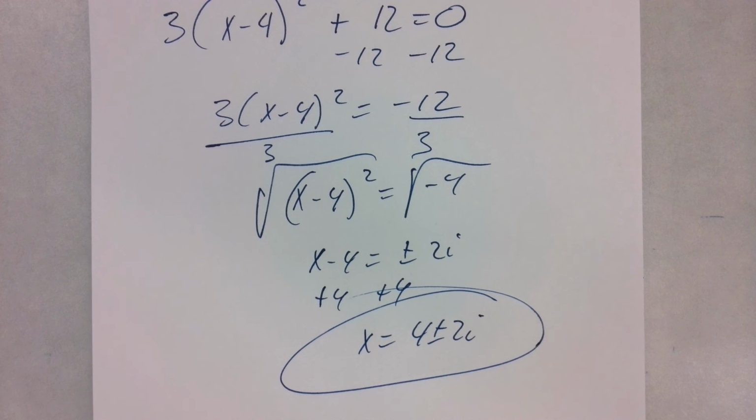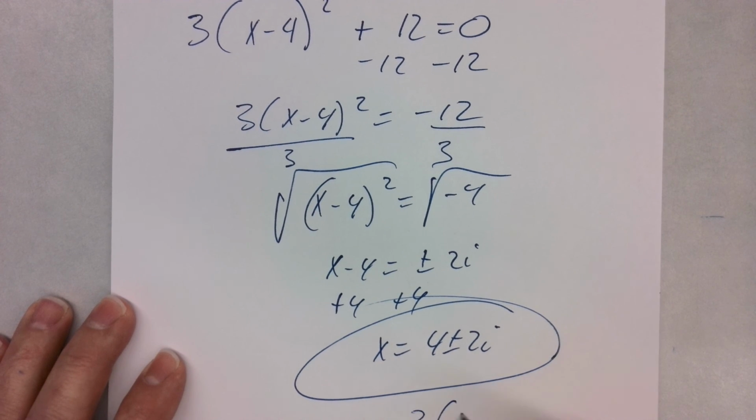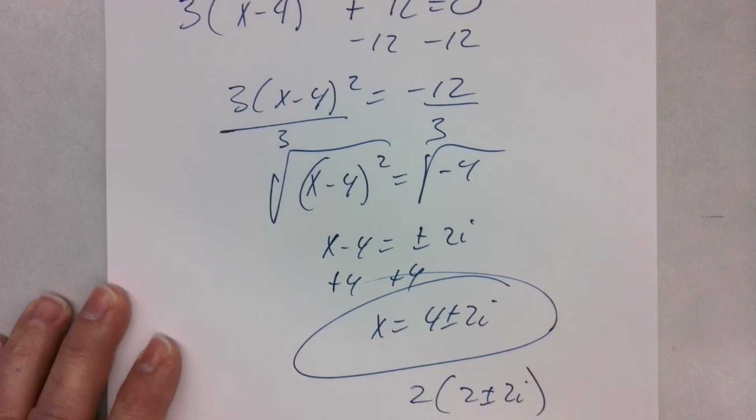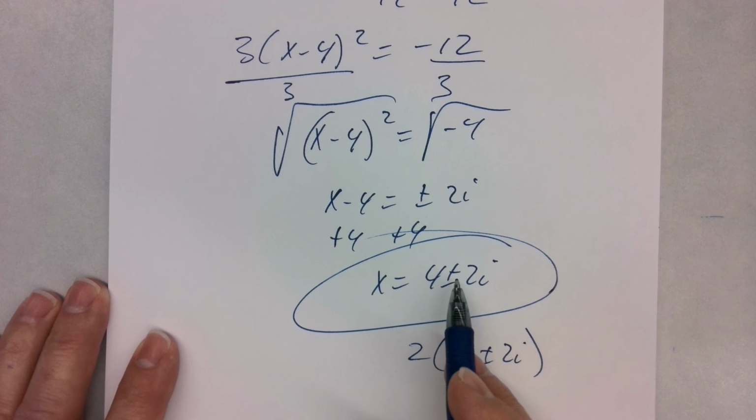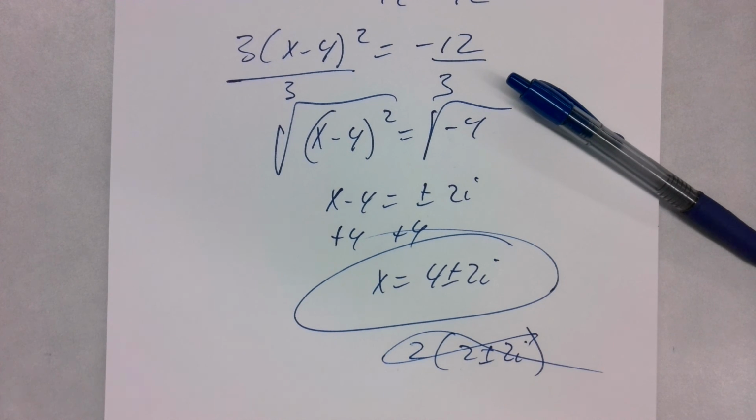Well, I was confused though. I'm not sure. Would you take the 2 after? Because if you did that, it'd be 2 times 2 plus or minus 2i. Is this simpler than that? Well, technically, wouldn't it be just 2 plus i? Because you have the square and you square root negative 4, right?